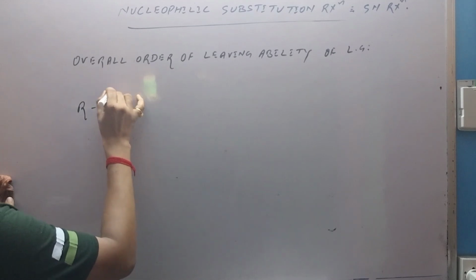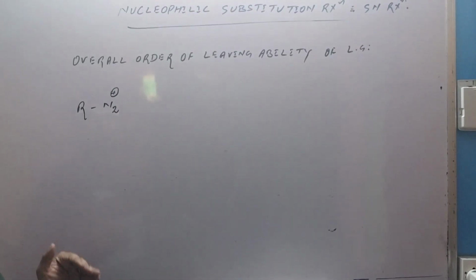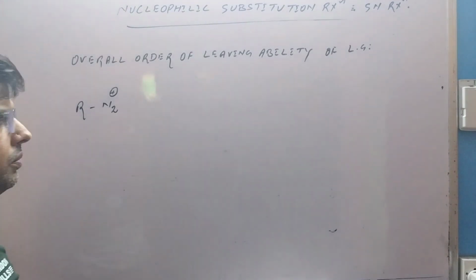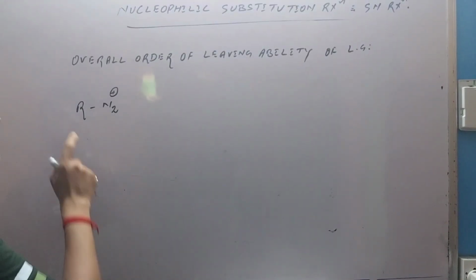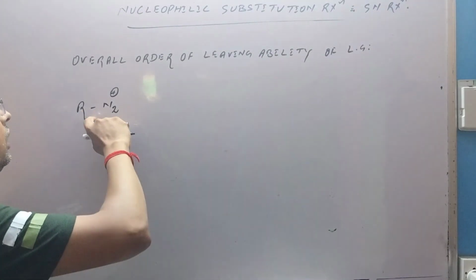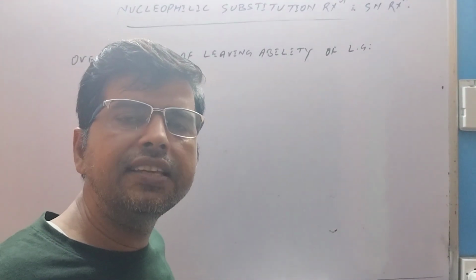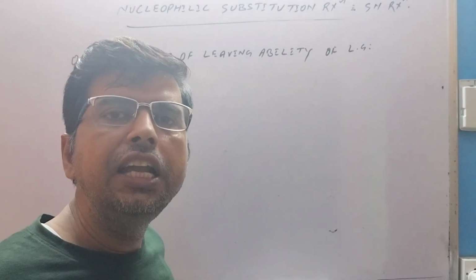See, RN2 positive, diazonium ion. Diazonium ion is considered a very good leaving group, an excellent leaving group. The reason behind that, if a nucleophile attacks the alkyl R, the leaving group is N2. As N2 is a gas, gases are volatile and easy to escape.